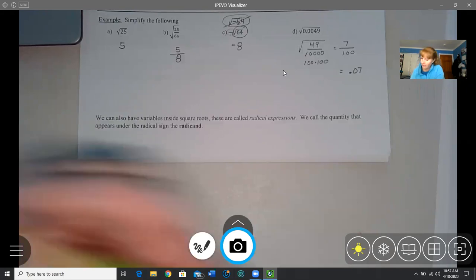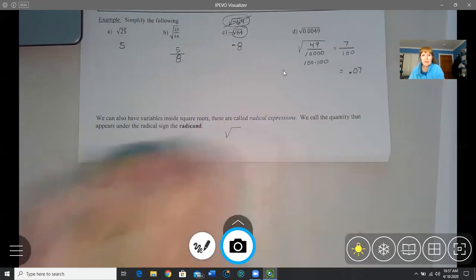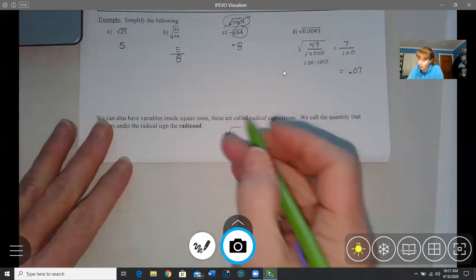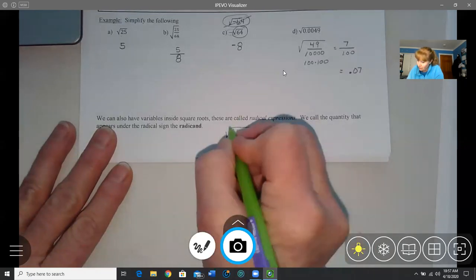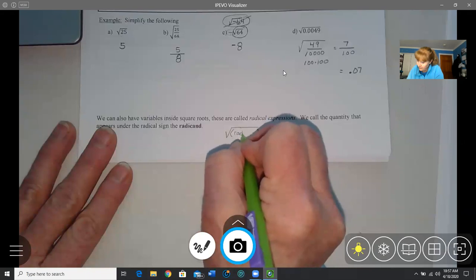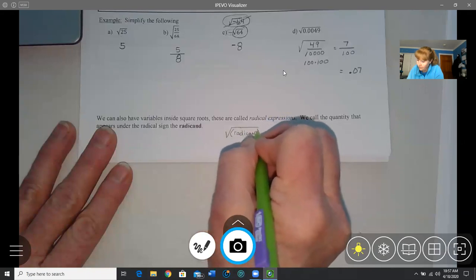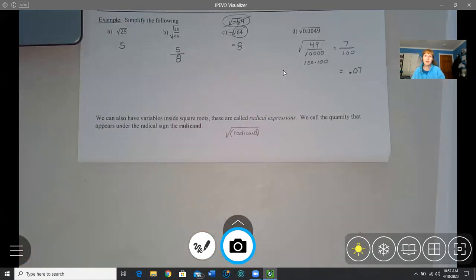So we now know that this is called a radical sign, and we're coming up with some definitions to describe what we've got here. Inside, underneath our radical, is the radicand. If they ever refer to the radicand, it's what you're taking the square root of. We'll talk about some other parts too, but that's called the radicand.